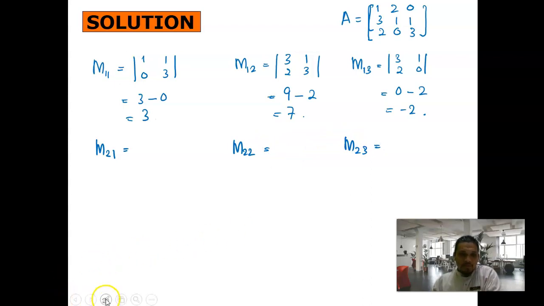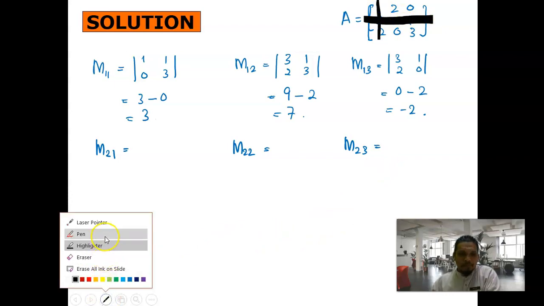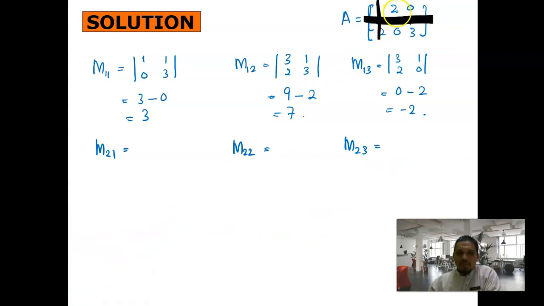For M21, we hide the element in row number 2 and column 1. So what's left here now? We got 2, 0, 0, 3. So 2 times 3 equals 6, minus 0 times 0 equals 0. Then we got 6.